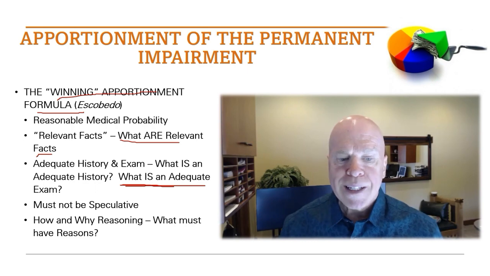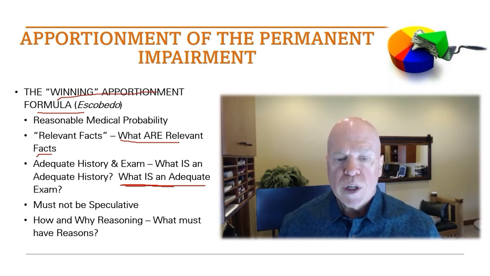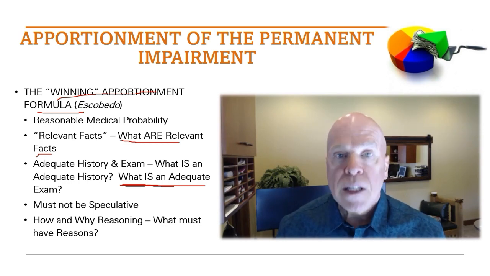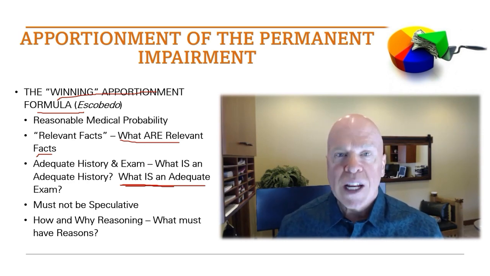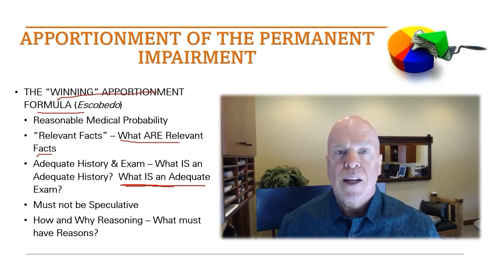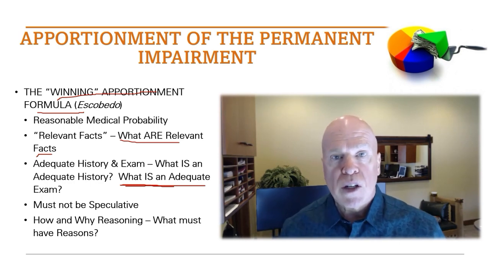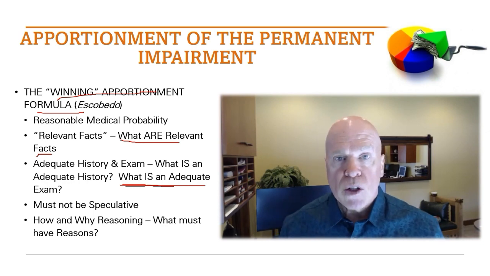Now, when we say reasons, what reasons? What must we provide reasons for? We must provide reasons for our percentages. It's the percentages that must be explained by reasons. So you do this by saying 80% is due to the industrial injury, 20% is due to other factors.